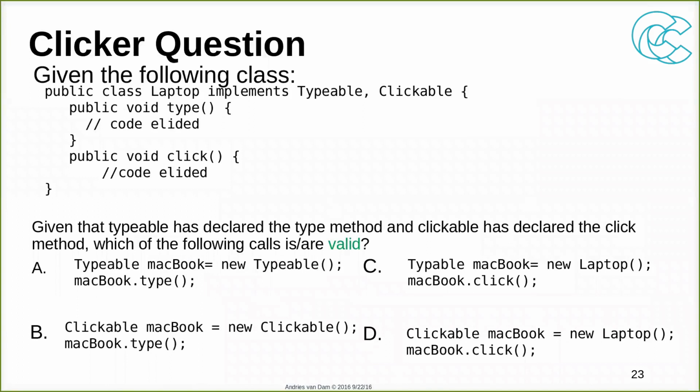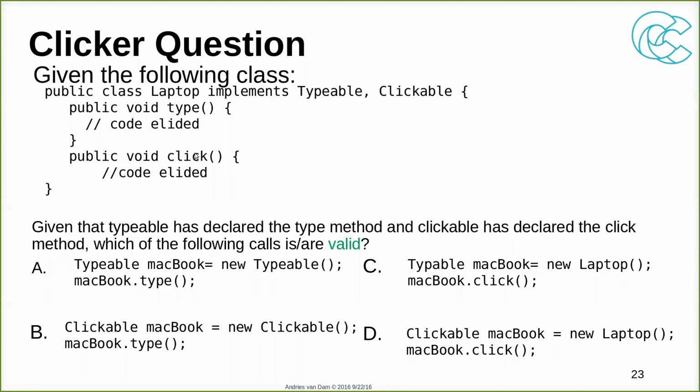There's one more question here, and we'll take this question and then I'll stop the lecture. You have the laptop class, and it implements two interfaces, the typeable and the clickable. It has two methods: the type method belongs to the typeable, and the click method is from the clickable, right?